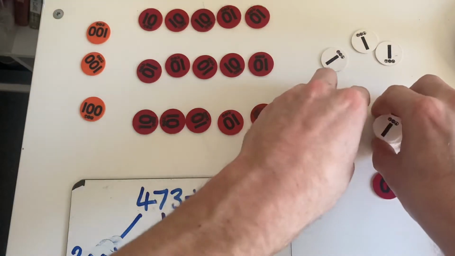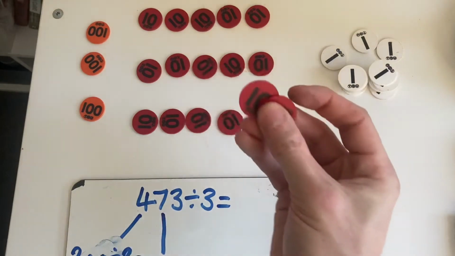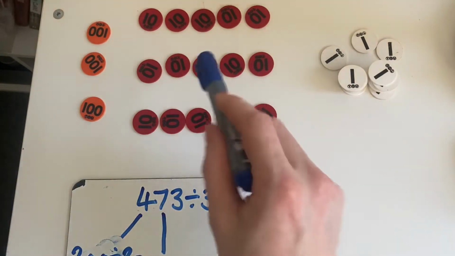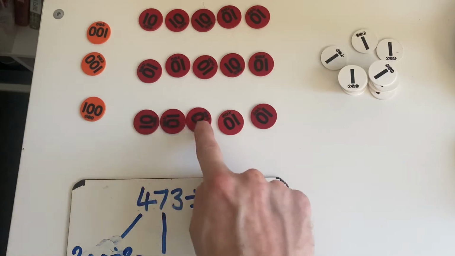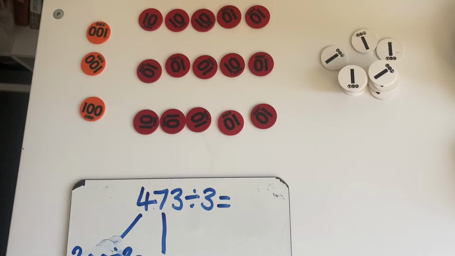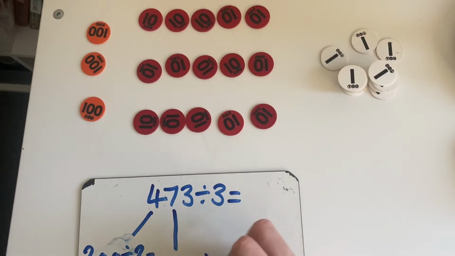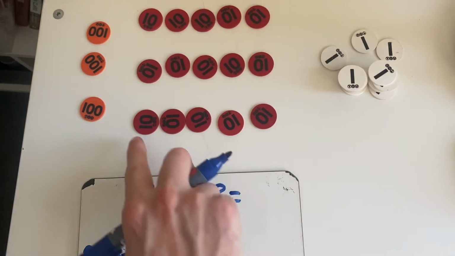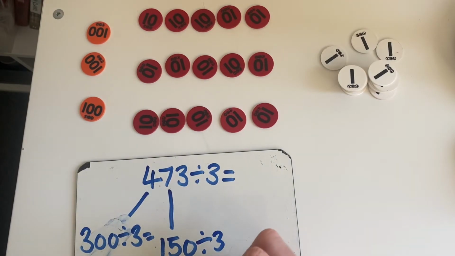So we've now got all of these ones because we've exchanged them for these 2 10s. So again, we need to work out what one group is. So we've got 1, 2, 3, 4, 5. We've got 150 here. So it's 150 divided by 3, and 1, 2, 3, 4, 5 equals 50.